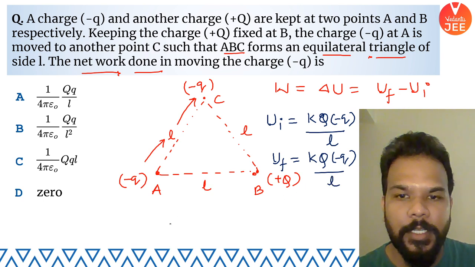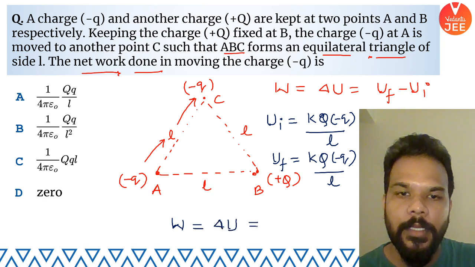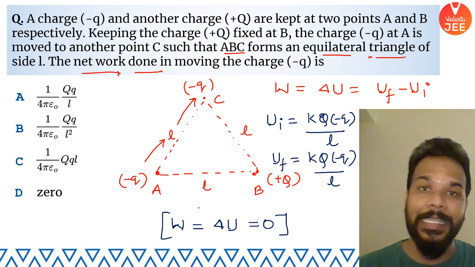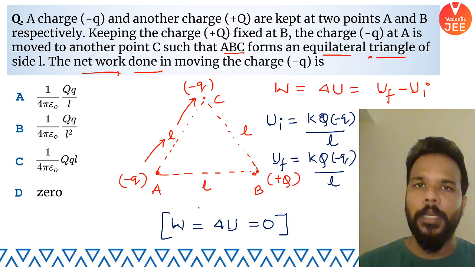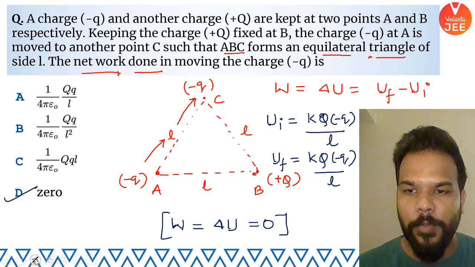I don't see any change. That means work done, which is equal to change in potential energy, is nothing but 0, because there is no change in the potential energy because charges are still placed at the same separation, but at some other location the charge has been placed. So the correct answer is option C.